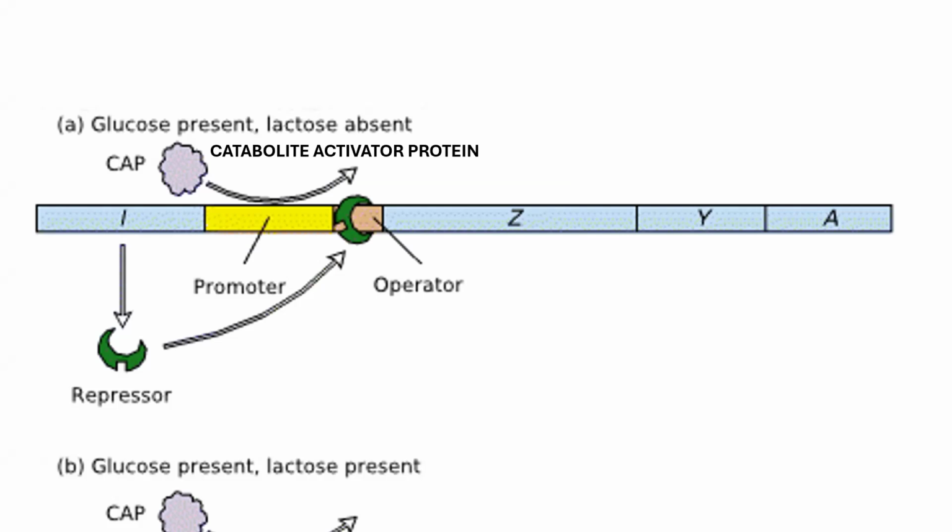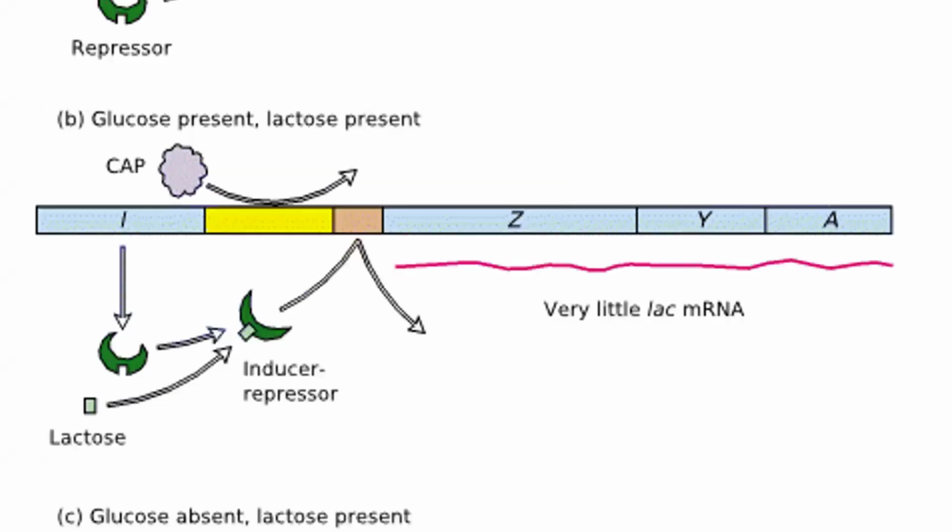It can be found in an intron or sometimes even in an exon in a gene. But there's a release of a repressor that then allows the binding of an operator. But when glucose is present, the inducer repressor then is released.